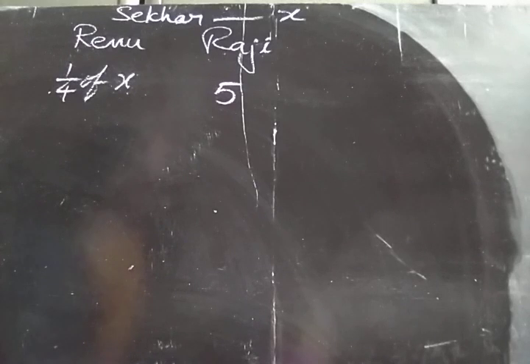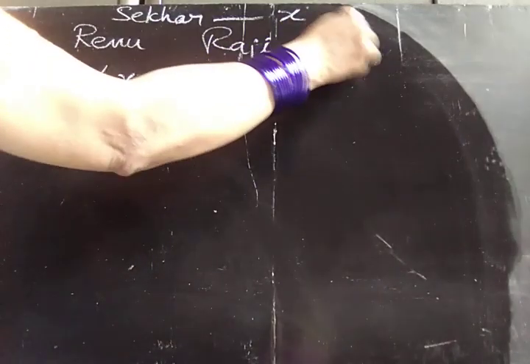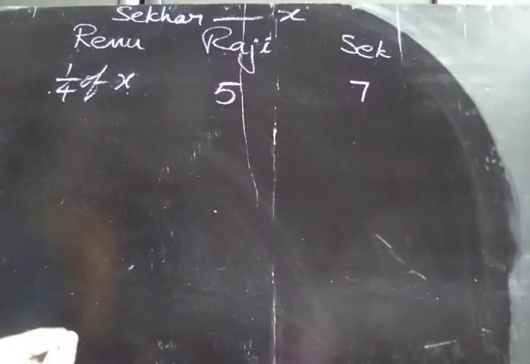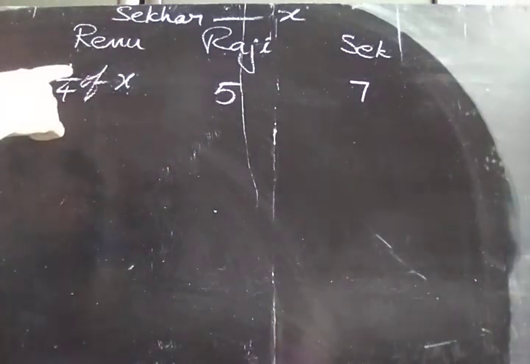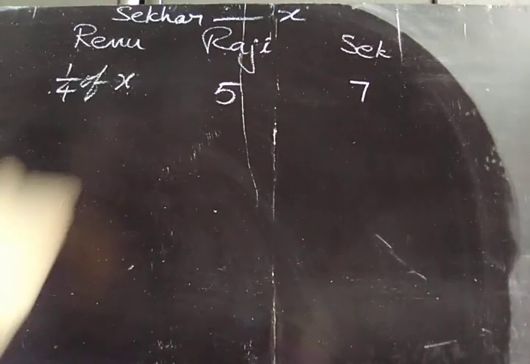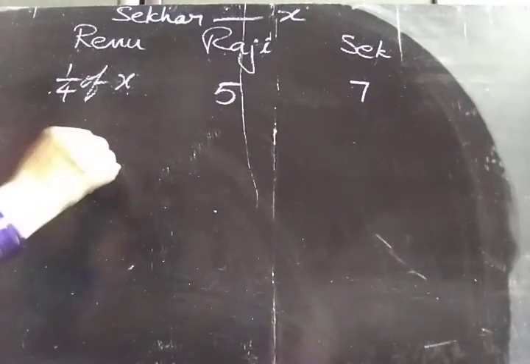He has 7 sweets left with Shekhar. So finally 1 by 4 of x plus 5 plus 7 is equal to x only. So x is the total.